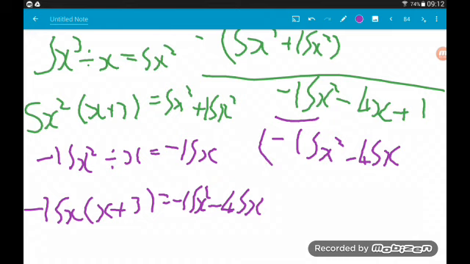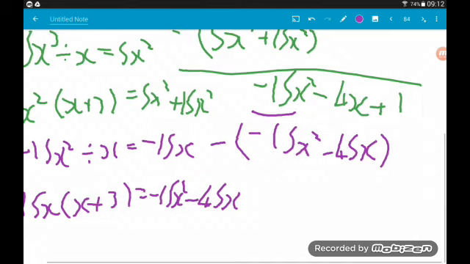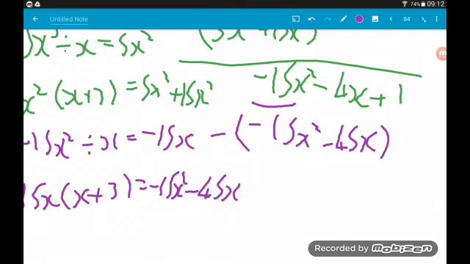So we now subtract the purple from the green. Minus 15x squared minus minus 15x squared cancels out. Minus 4x minus minus 45x is minus 4x, add 45x, just 41x.